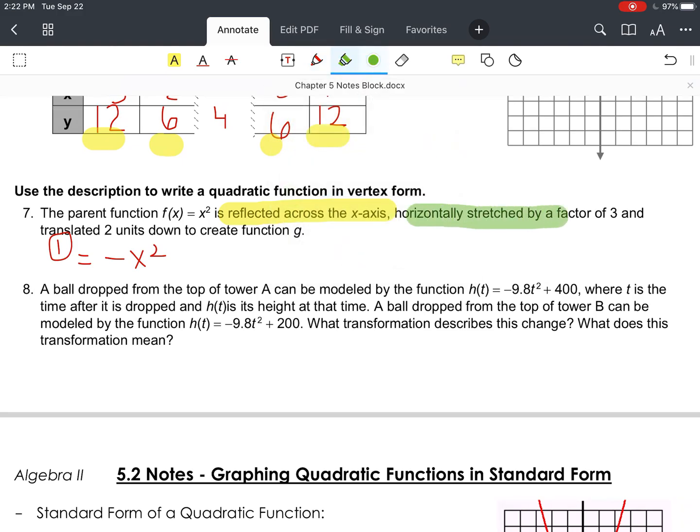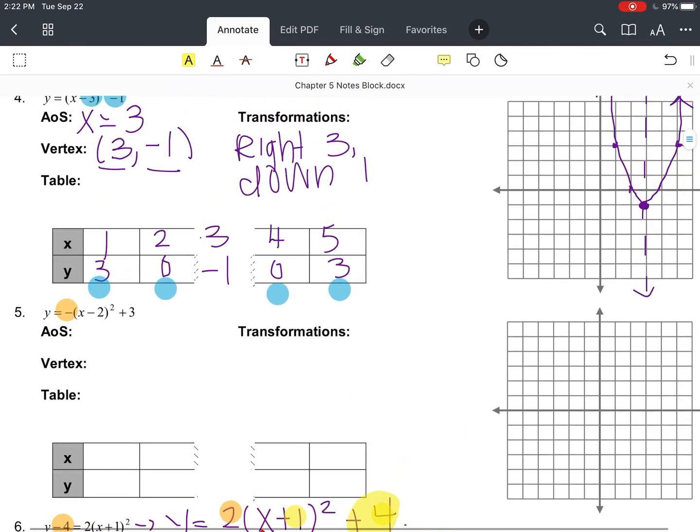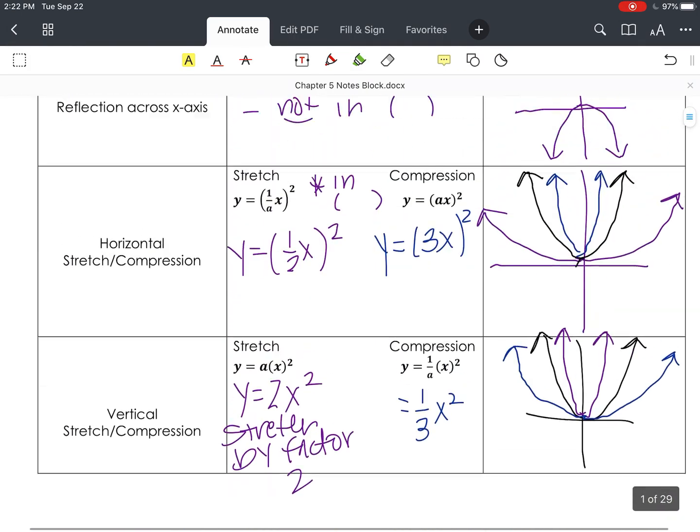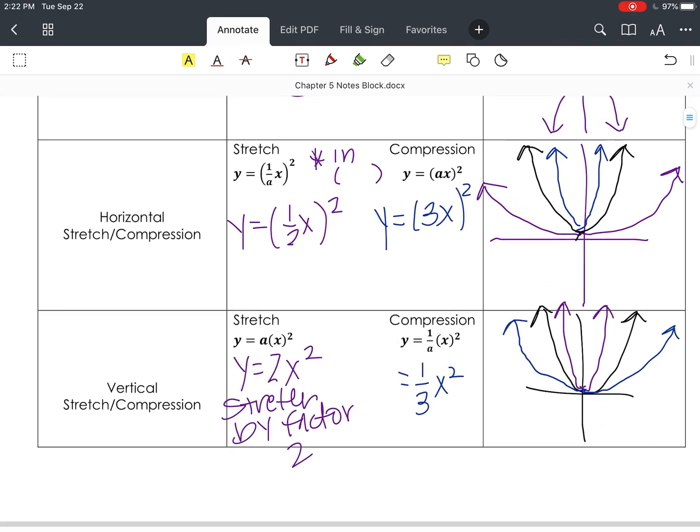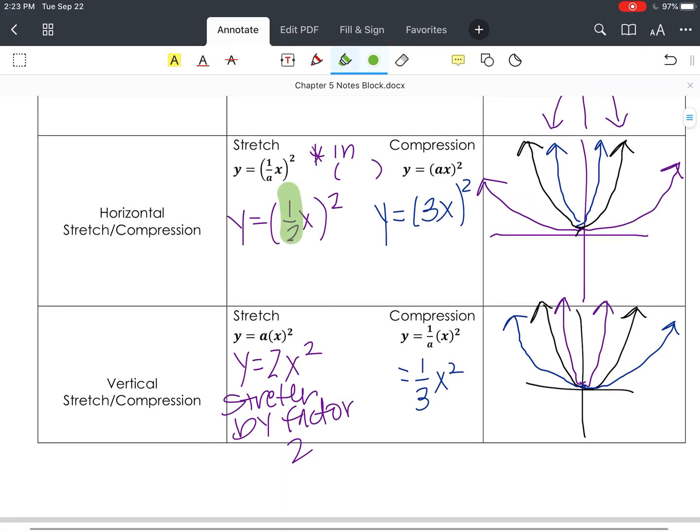Now, step 2. I horizontally stretched by a factor of 3. Again, if you look to the first page here, horizontal stretches by a factor of 3. A stretch means I have to have it as a number less than 1. So to stretch by a factor of 3, this would have to be 1 over 3 instead of the 1/2 that it is right here.